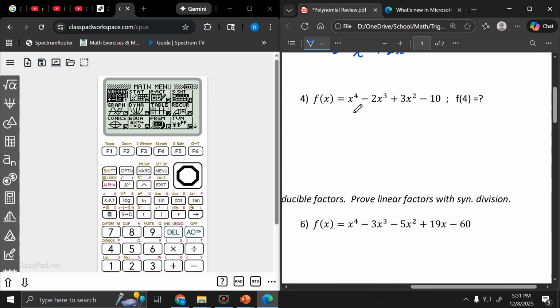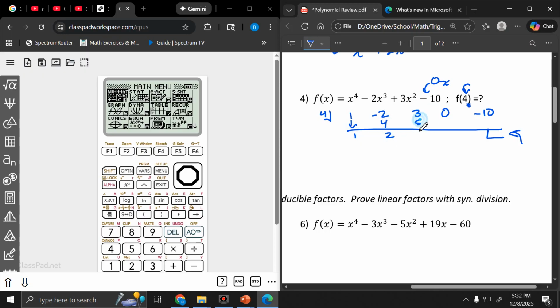We do the same thing over here with number 4. So if I want to evaluate the polynomial with 4, and this is the polynomial, I can do synthetic division instead of replacing. Now, we do have a trick right here, 0x. And our answer when we're evaluating is whatever the remainder is.